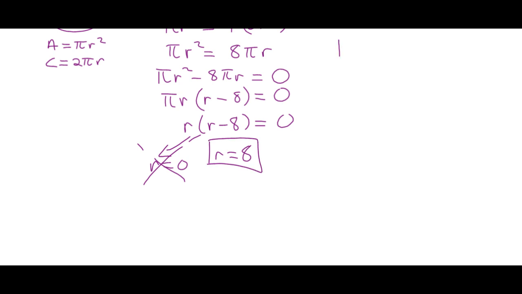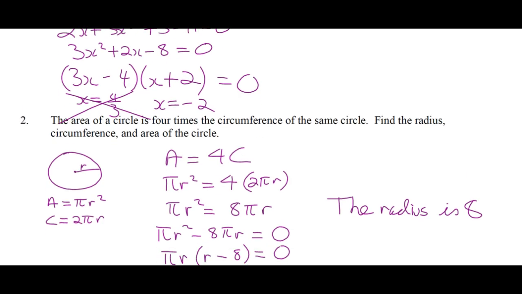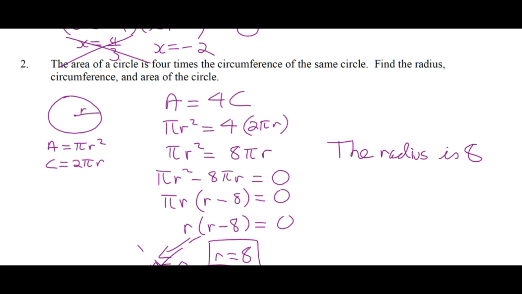So we go up here and we say the radius is 8. What did it ask us to find? Oh, radius. And it asked us for the circumference. The circumference is 16 pi. So I'm going to leave it in terms of pi.